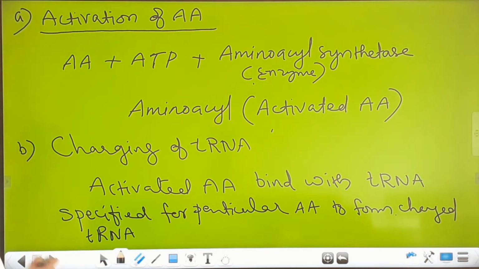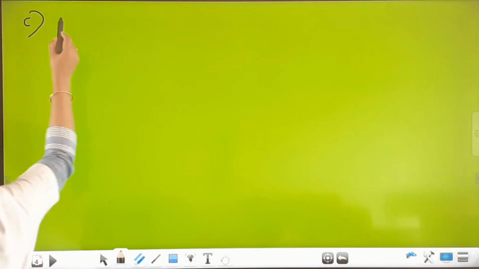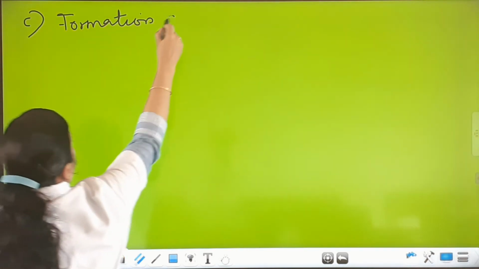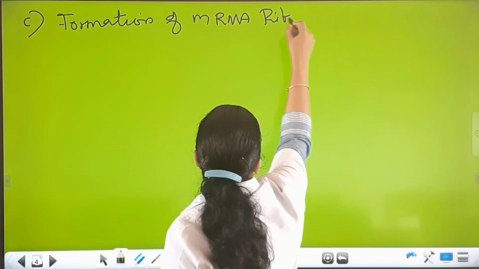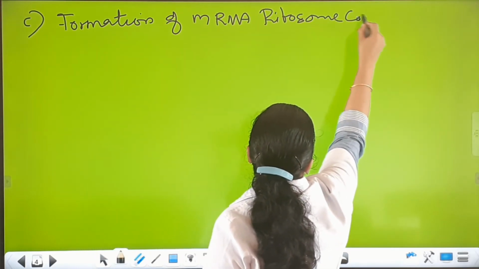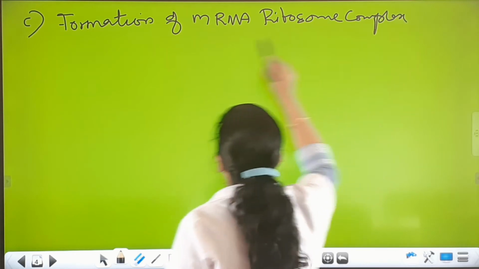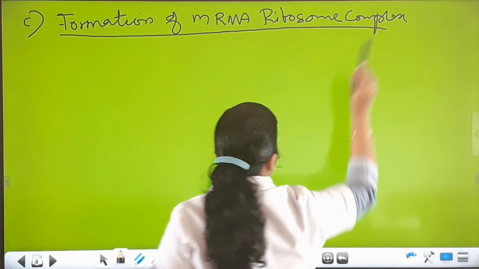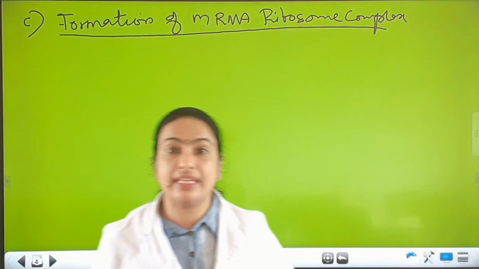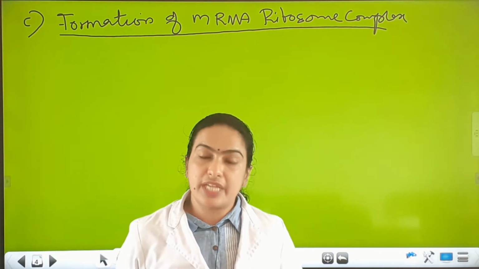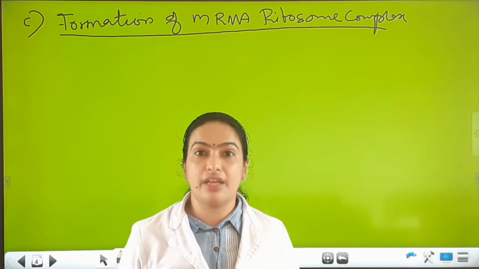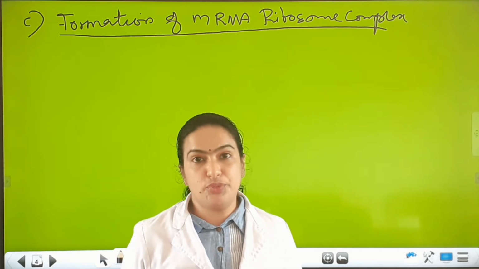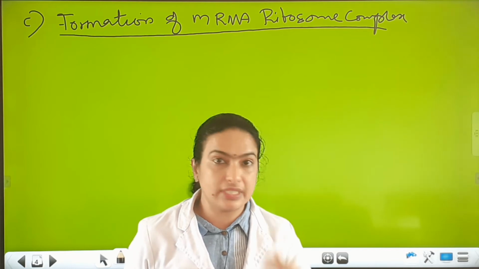Next, the third step under the initiation process is formation of the mRNA ribosome complex. So in the last class I taught you the ribosome acts as a catalyst for peptide bond formation. There is a particular site in the tRNA to recognize the ribosome. That I taught you in the last class.